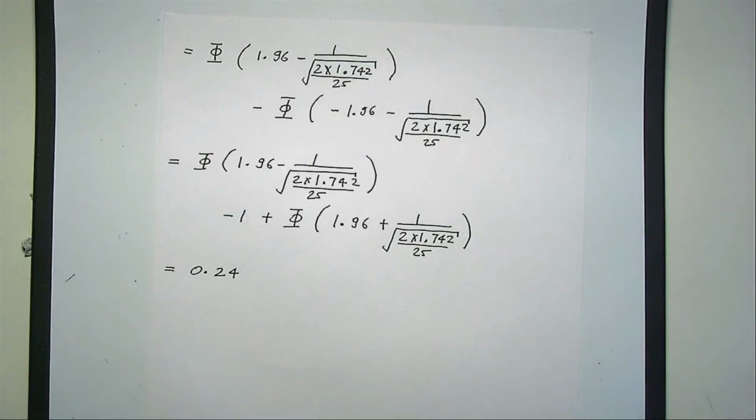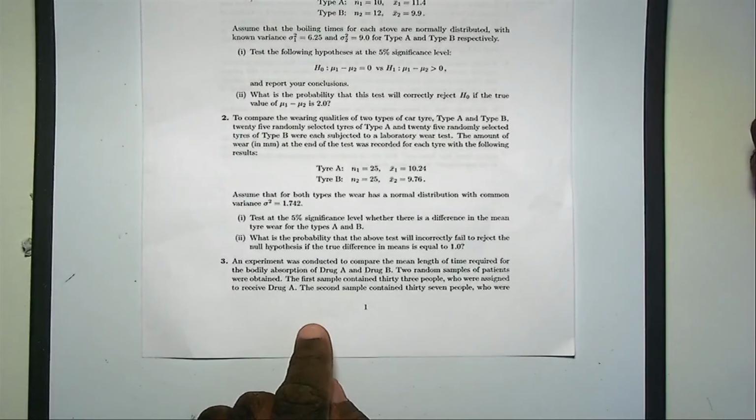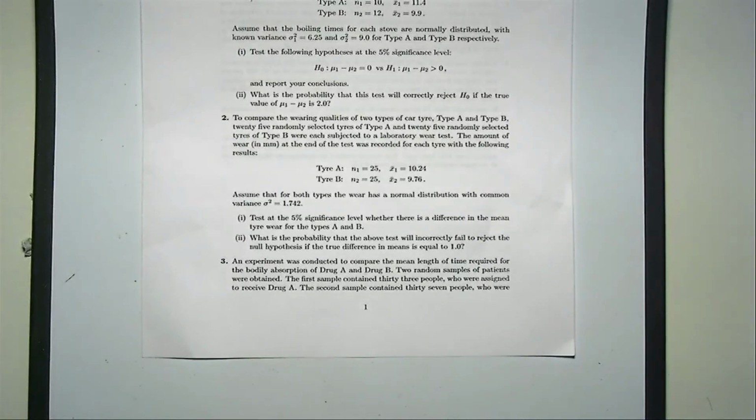The next question is, let me take this away. The next question is question 3. So here you have two drugs, A and B, right? And you want to know how they compare, I think. Yeah.